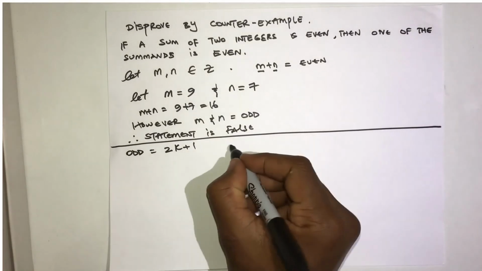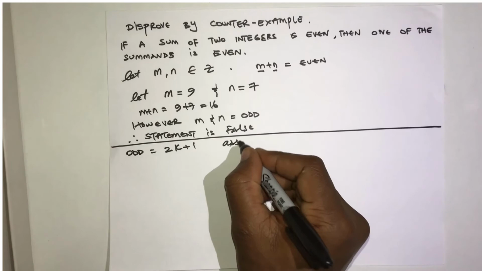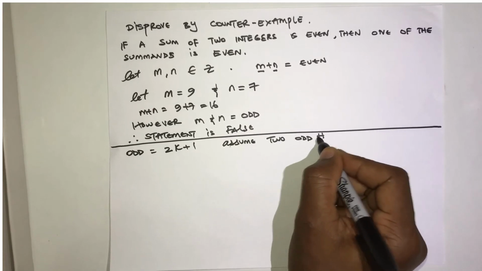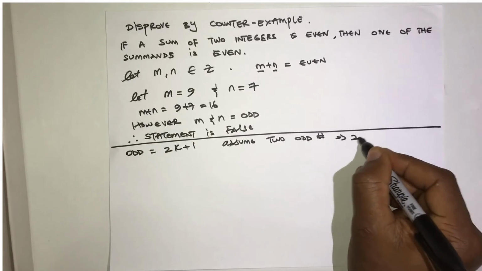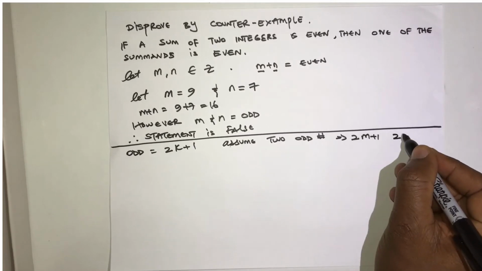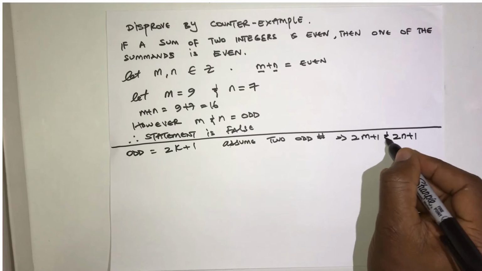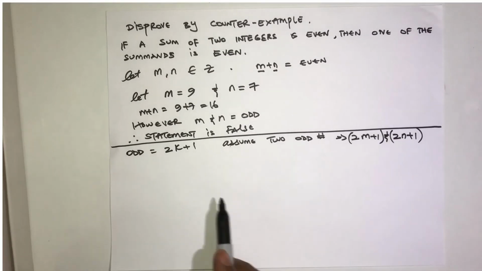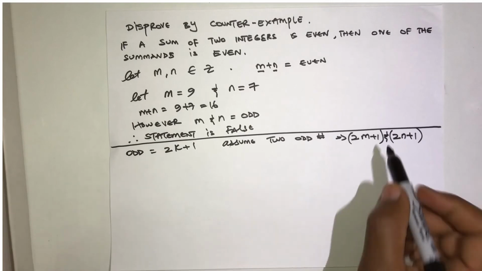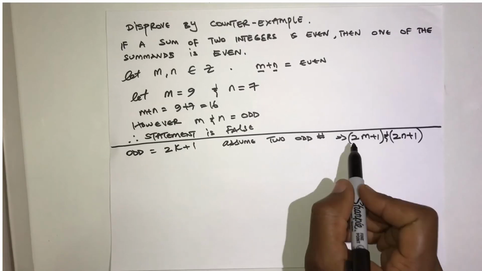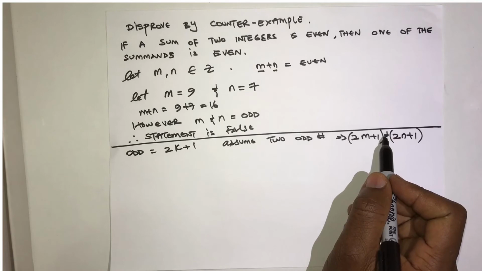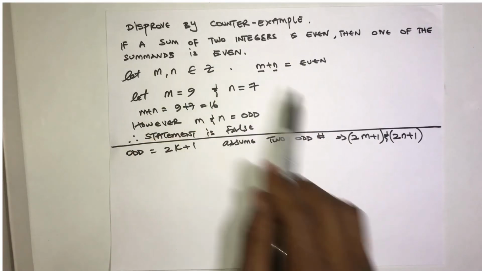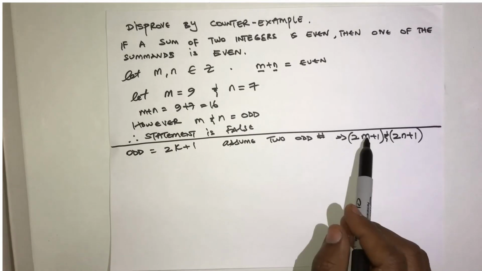So we are going to assume two odd numbers in the form of 2m plus 1 and 2n plus 1. So basically these are two odd numbers. All we're going to do is add these to get an even number, which disproves the entire statement, because these are the forms of two odd numbers.